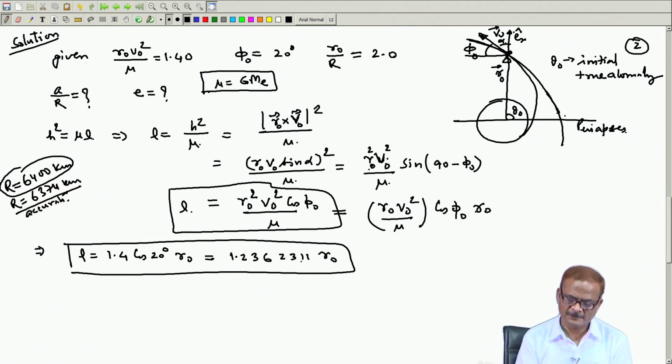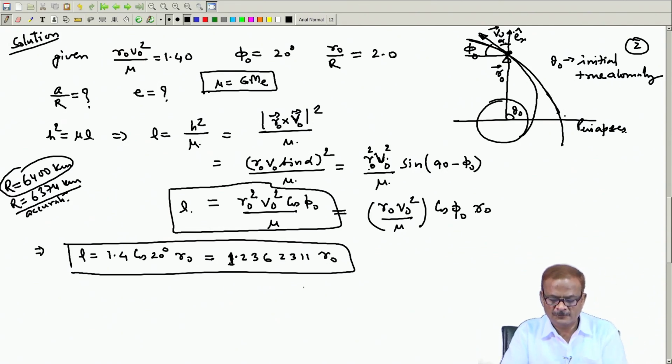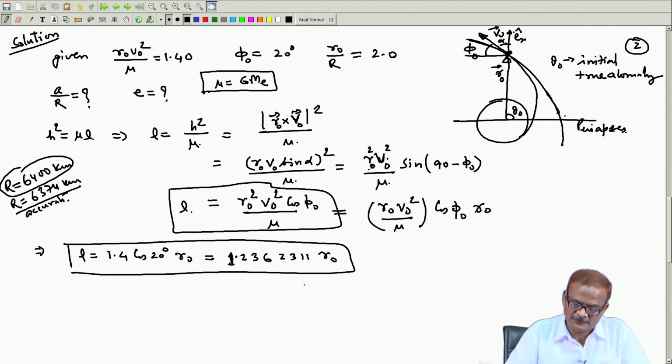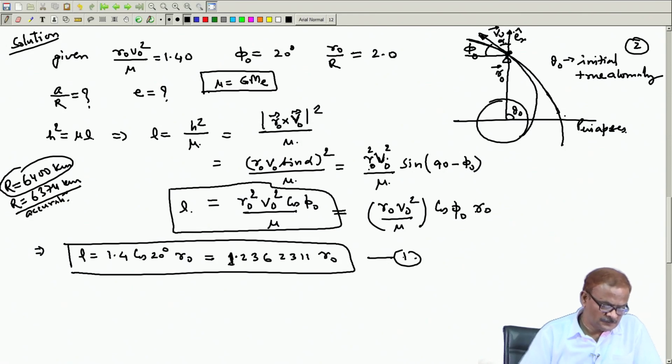I am not truncating or trying to present a systematic value, because if you truncate it, we make a lot of error in the estimate. On the computer the things are done in double precision, so that you maintain the accuracy of your result. So, this is one.